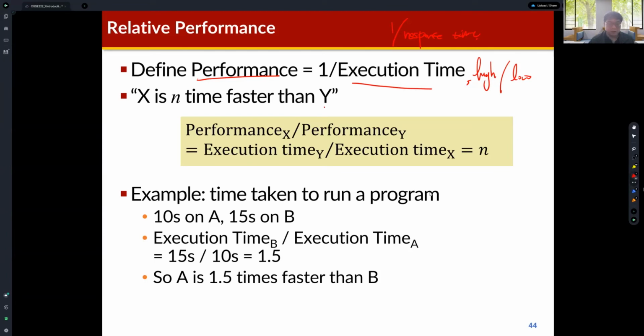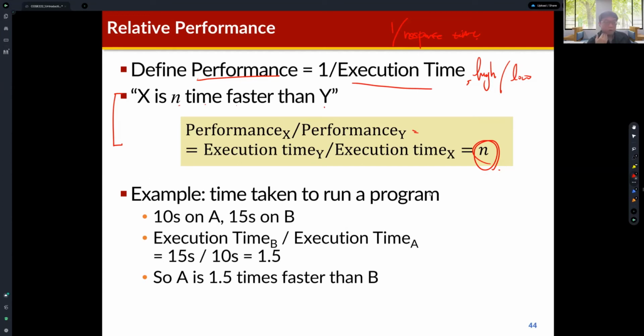So this is equivalent to the execution time on computer system Y divided by the execution time of computer system X. So we can say that X is n times faster than Y. It's n. Just remember this representation.